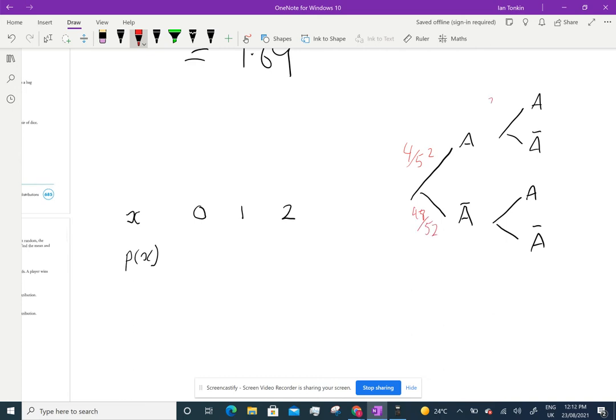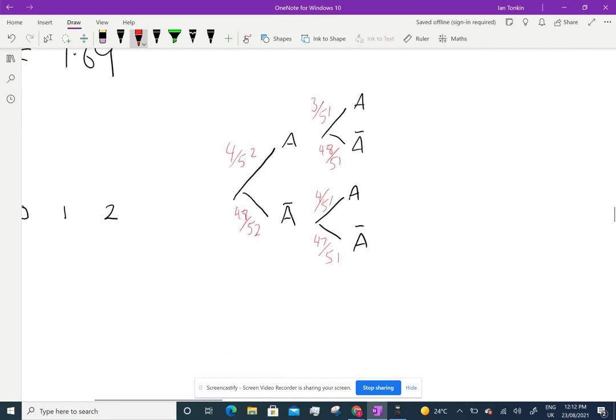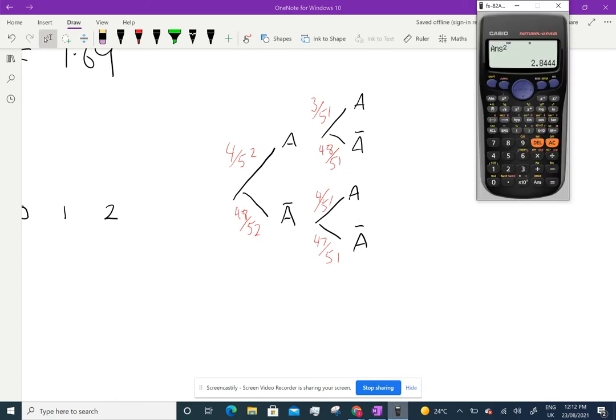Once I've drawn an ace, there's only 3 left and there are 51 cards. There's still 48 non-aces there. And here, there are 4 aces, 51, and there are 47 on 51. So let's calculate all these probabilities. So I'll need my calculator.